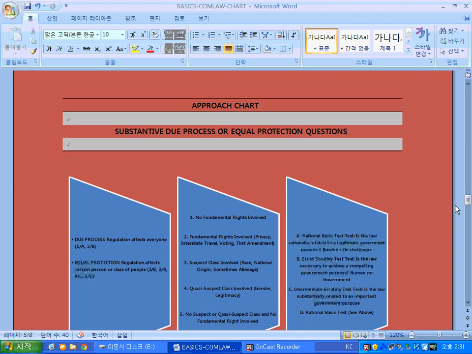And in terms of equal protection, if there would be a case involving fundamental rights, then a strict scrutiny test would apply.